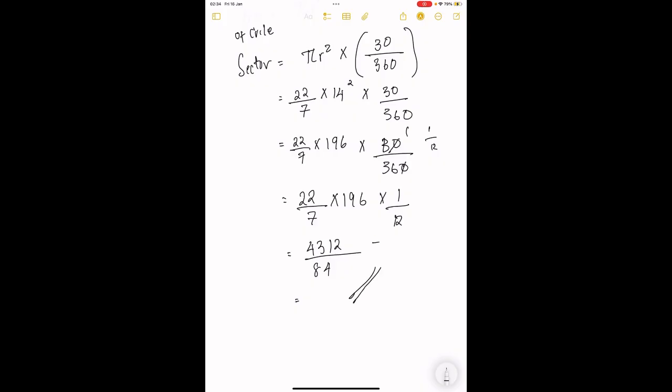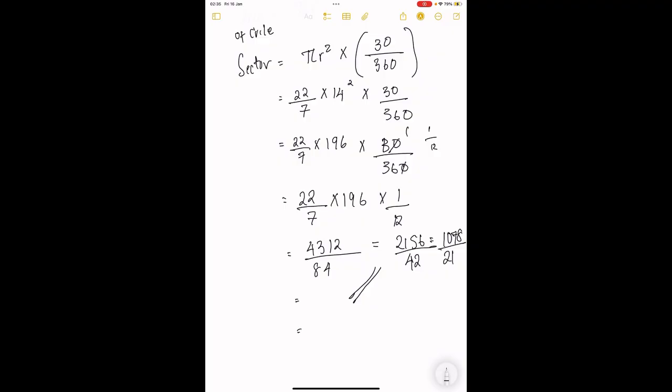We can further reduce this by dividing at the top and at the bottom by 2. So we have 2156 over 42. Further divide by 2. We have 1078 divided by 21.